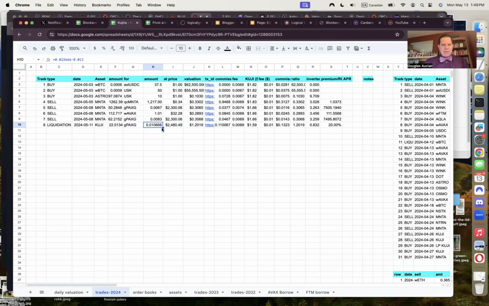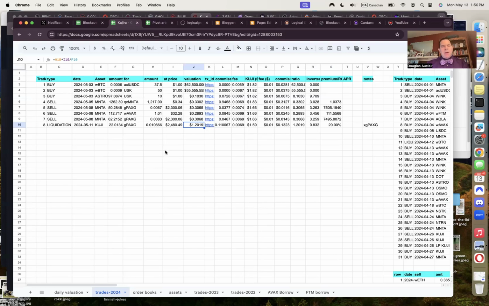And this is how much PAXG I'm actually interacting with. And this is the market price of PAXG. So I can then compute the purchase price of Kuji. Kuji's price currently traded is $1.59 or $1.60, and I bought the liquidated Kuji at $1.20 each.